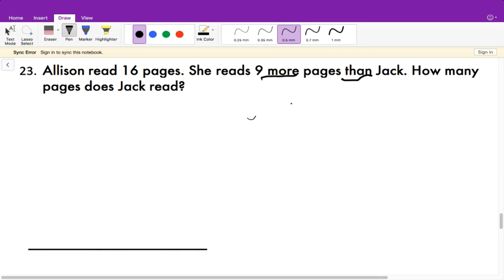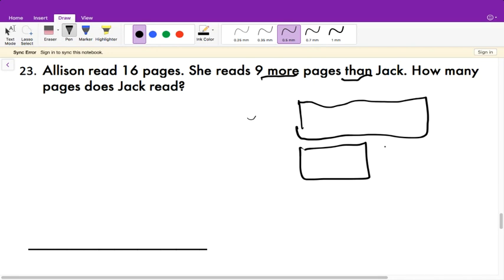Okay, so in this compare problem, we're talking about two people, Allison and Jack. So let's draw our compare bars. Okay, and we need to decide who's read more and who has read fewer. Let's go back to this sentence. She reads 9 more pages than Jack.